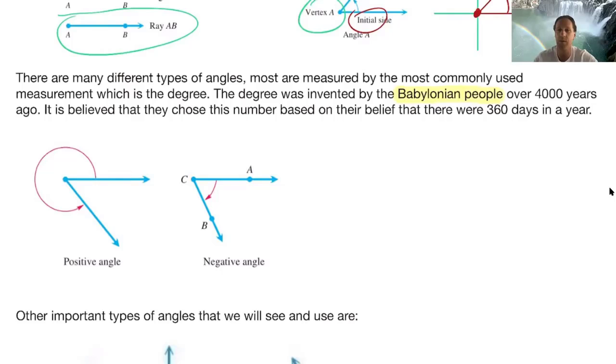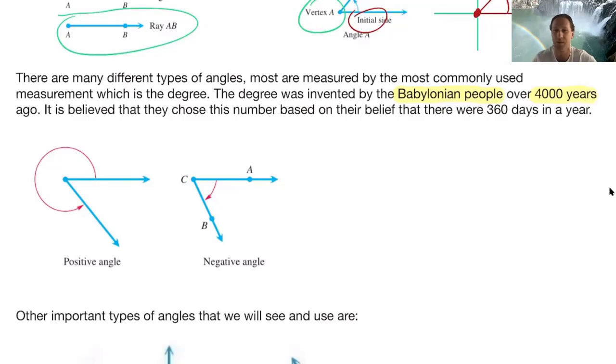The Babylonian people were very interested in the stars, these things that would appear in the night when the sun went down. And what they actually believed over 4,000 years ago was that after mapping it out and trying to see the stars and how things changed, that it would make one full circle. Now, they thought that the sun revolved around the earth, right?